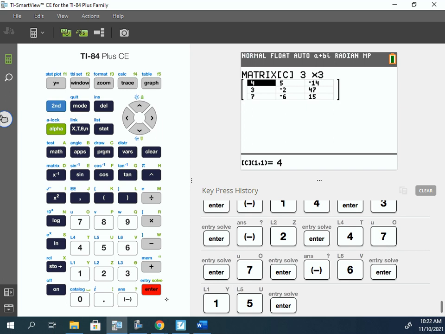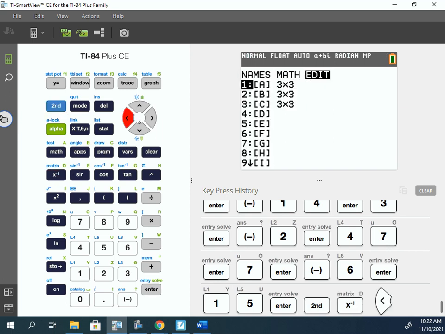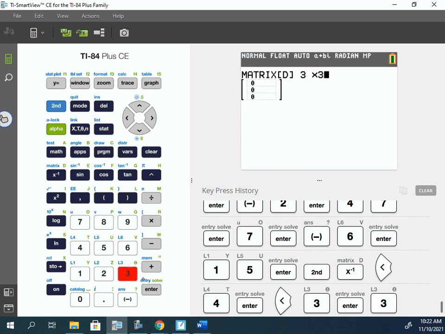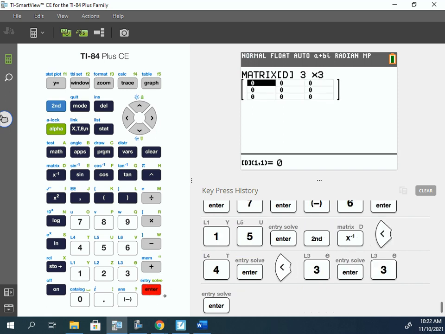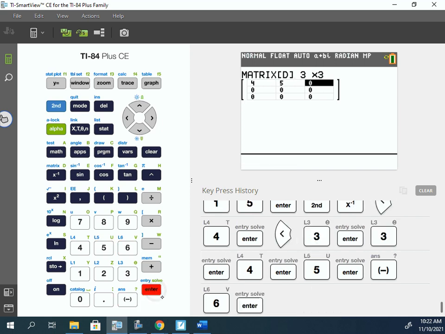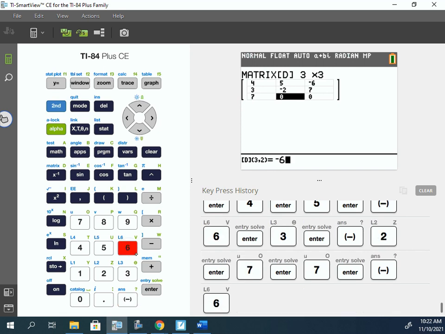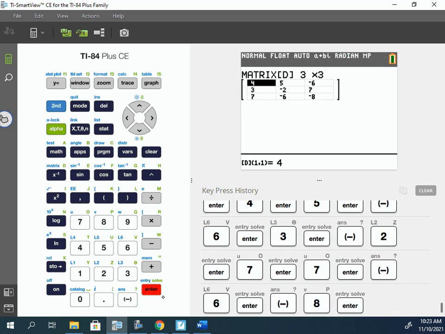Matrix C, and then we've got to do it one more time for matrix D. Again, 3 by 3, 4, 5, 6, and then 3, 2, 7, 7, negative 6, negative 8. And we have this here. Questions on how we got this?